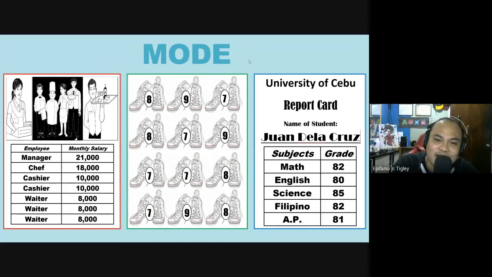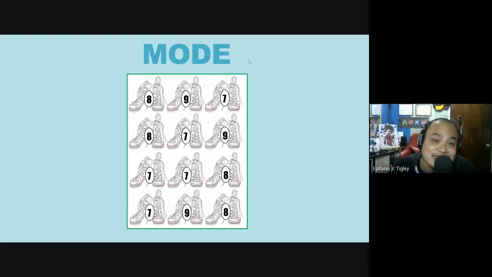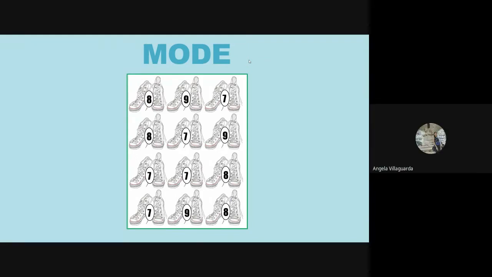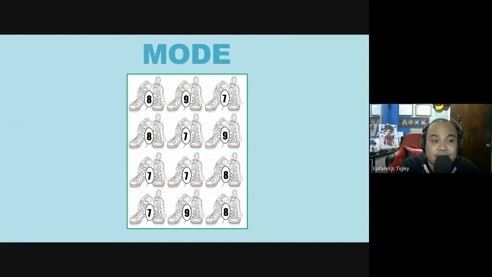O sa may mode, ani be? The shoe sizes. Now, kung kamoy manager sa isa ka department store, asa nga shoe size inyong paliton nga daghan nga sizes? 7. 7. Ang size, average, let me write down.